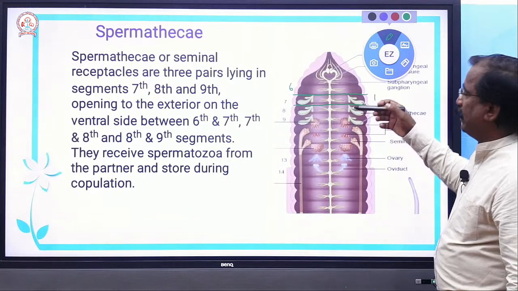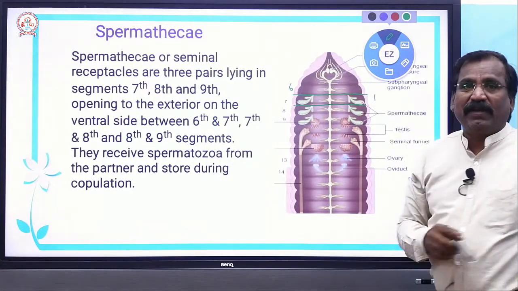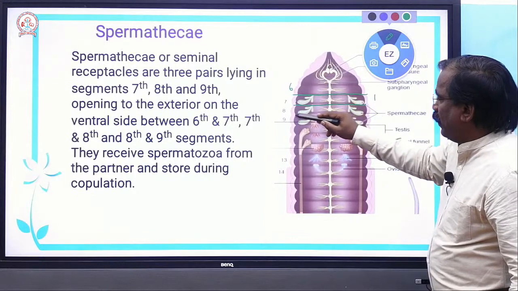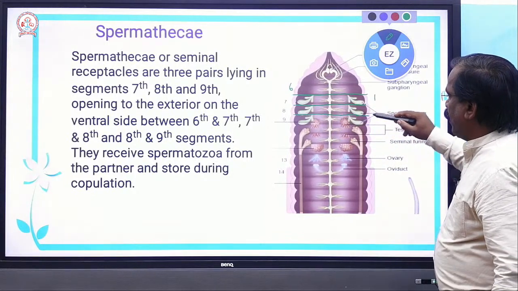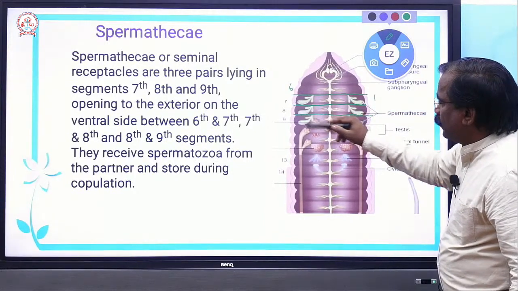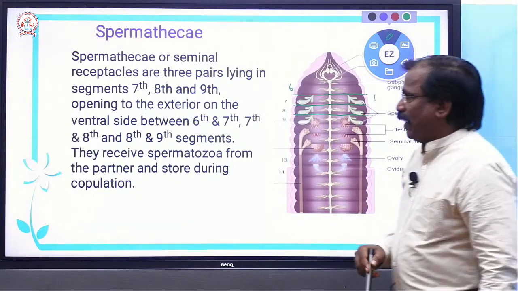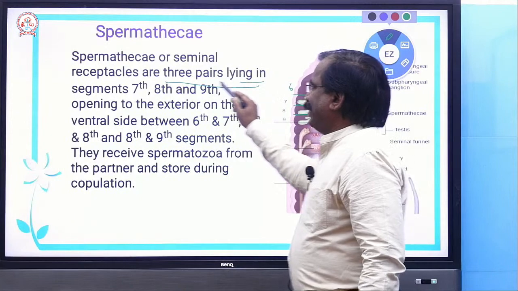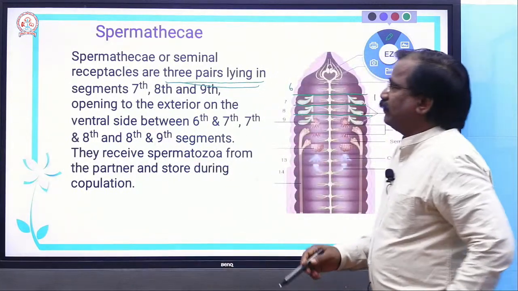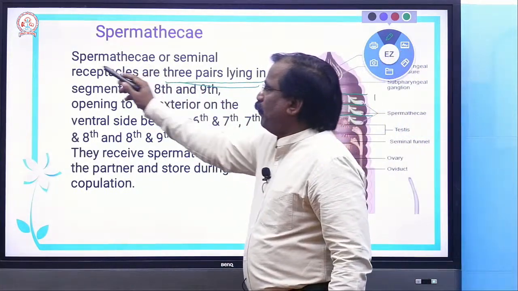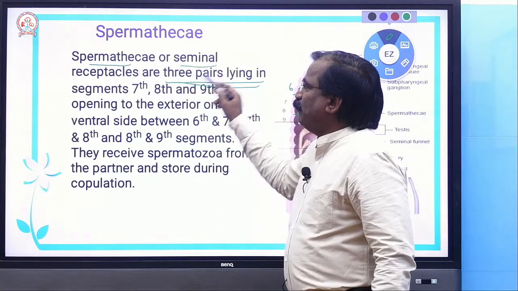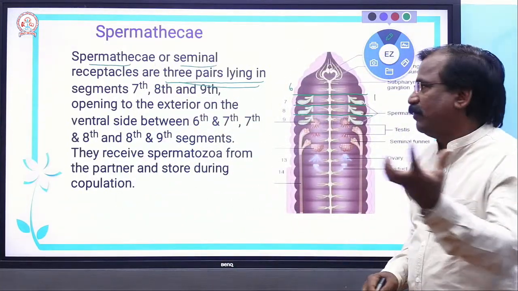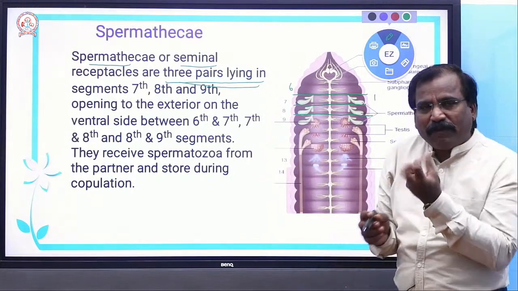That is called the spermatheca. Intersegmental: between 6 and 7 one pair, 7 and 8 another pair, and between 8 and 9 another pair. It is three pairs. Spermathecae, or seminal receptacles, receive and store the spermatozoa.